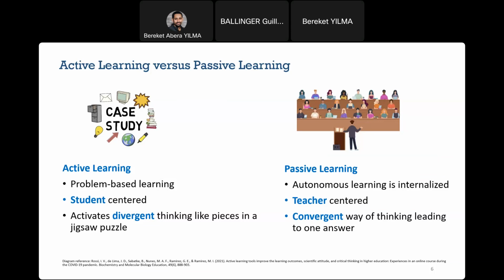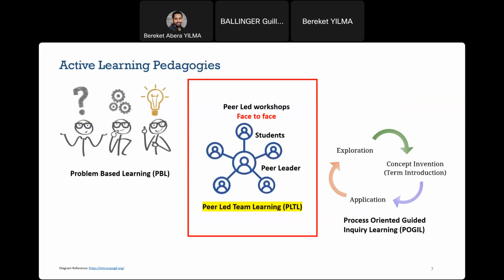Passive learning is mainly teacher-centered. What's important to note here is that in our project, we're looking at active learning, which is the left side, because we want to know how we can stimulate critical reasoning within students, and thereby capture that characteristic in our AI model.